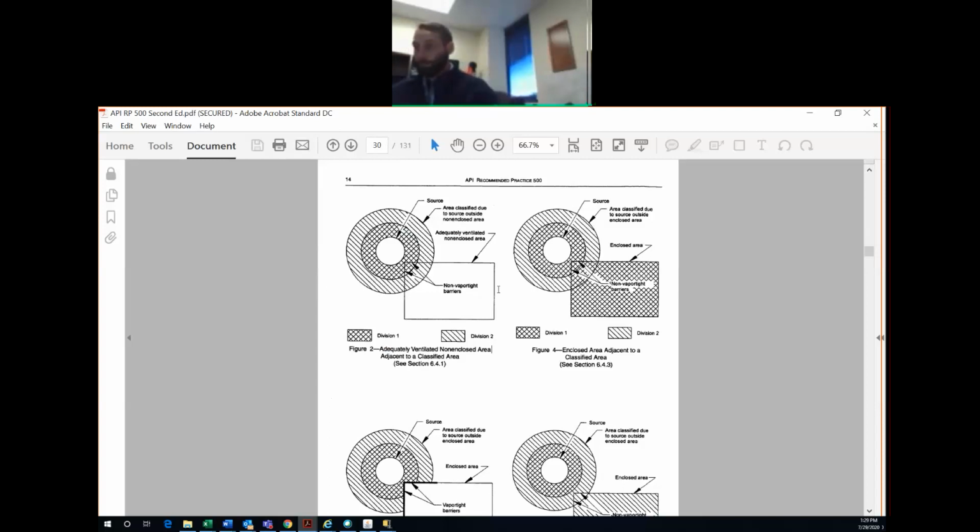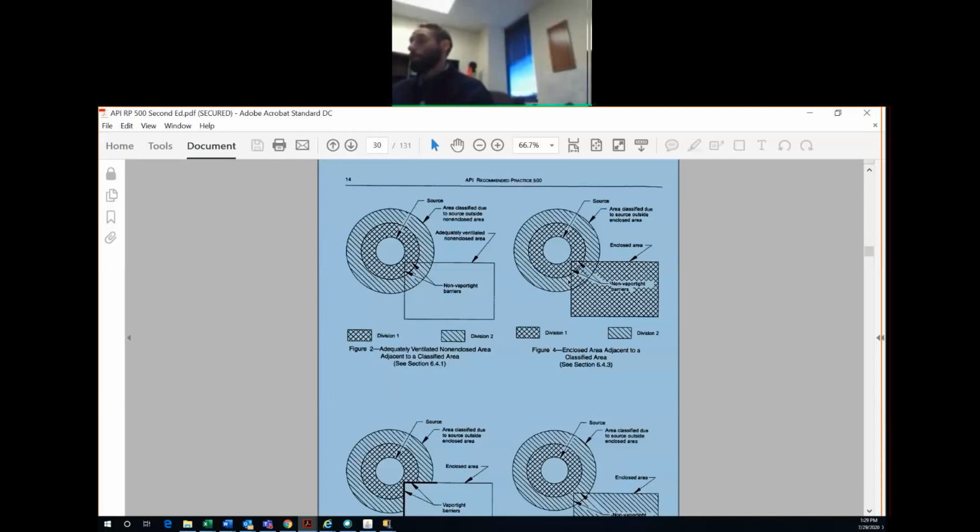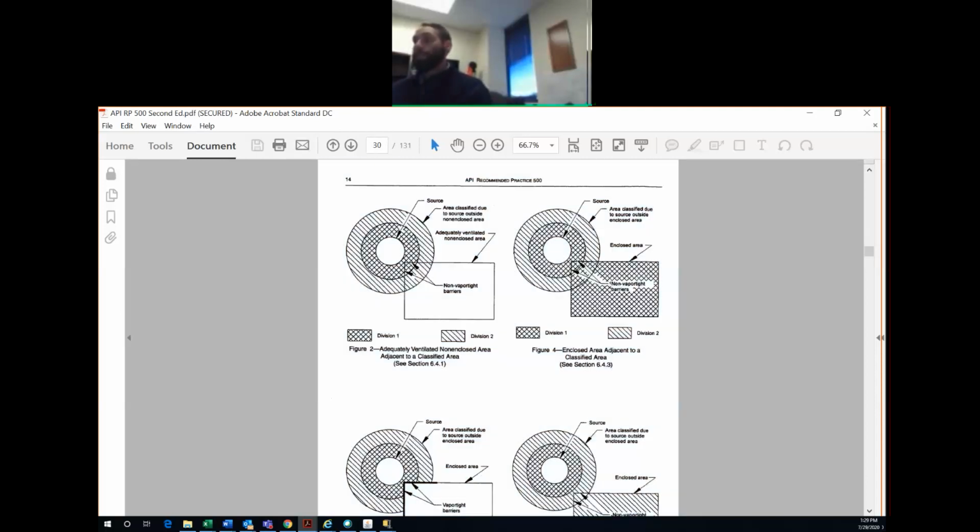Let's compare that to a situation where you have an enclosed area that's not adequately ventilated, that touches a Class 1 Div 1 area and does not have a vapor-tight barrier. So this would be an example of when you have a building and you have, let's say, a door close to this corner that opens up to this Division 1 area.